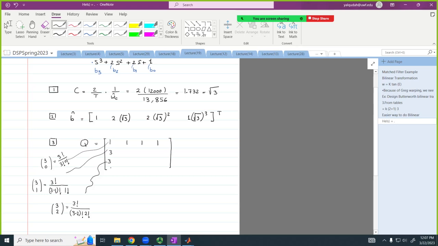And then finally we're going to get a 1 that's going to come from 3 choose 3. Okay. So this is populated from the expression.